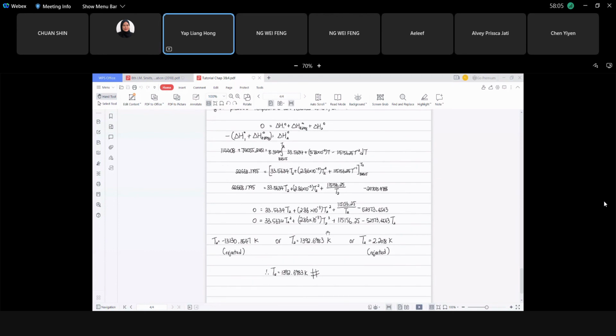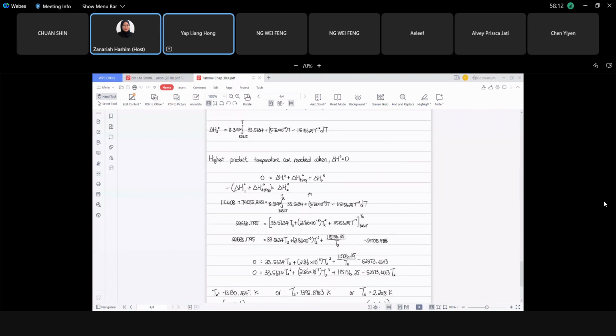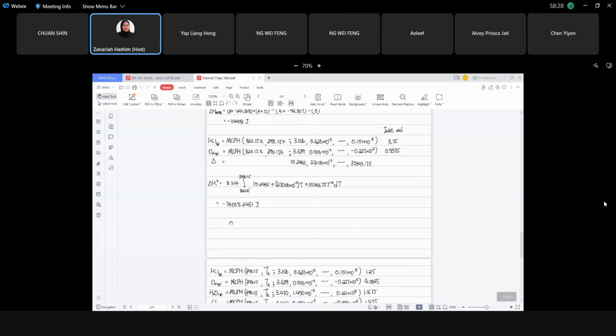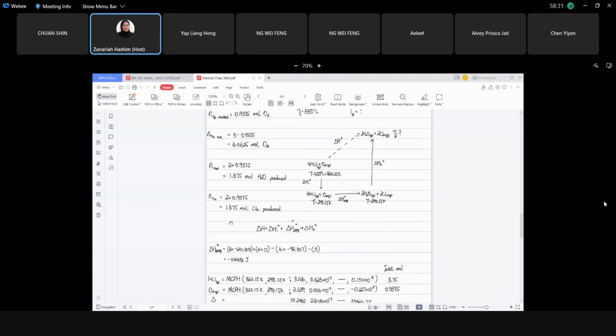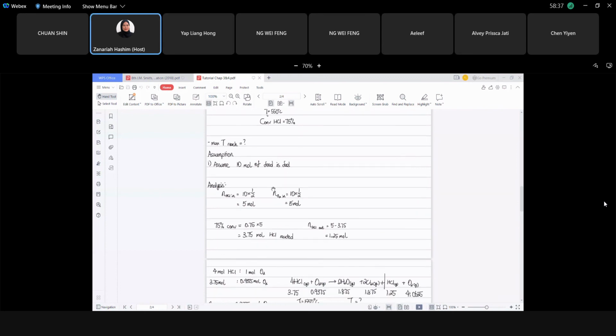But you have to be careful with your heat of reaction. This value has to be based on the actual reaction, based on the actual moles that react. So what is your basis? My basis is 10 moles.